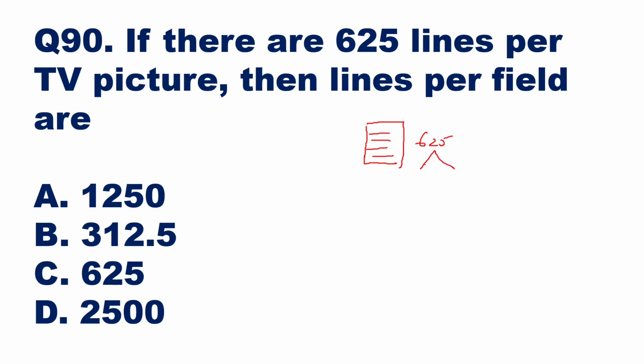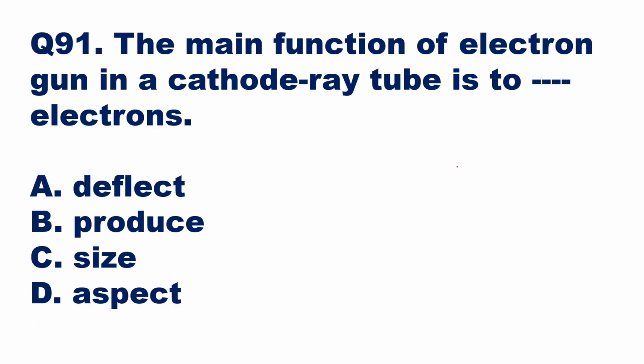If you take half of 625, it will be 312.5, and again another 312.5. So 312.5 plus 312.5 will be 625. So if there are 625 lines per TV picture, then the lines per field are option B, 312.5. So option B, 312.5 will be the right answer.